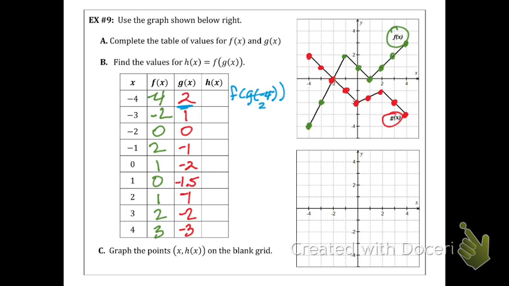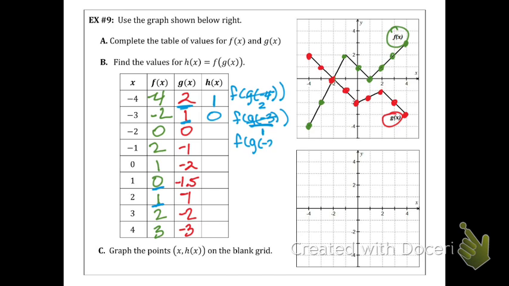And so then we're looking for f of 2, so go to where x is 2 and f is 1. So f of g of negative 4 is 1. All right, then we got f of g of negative 3. So find g of negative 3, which is 1. And so then we're looking for f of 1, which is 0.